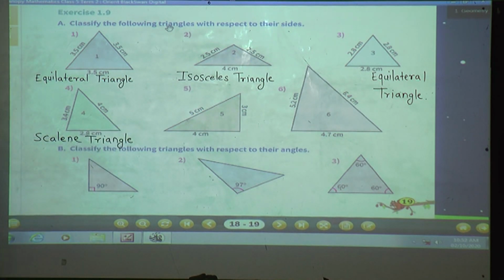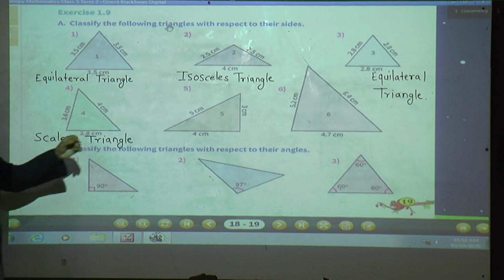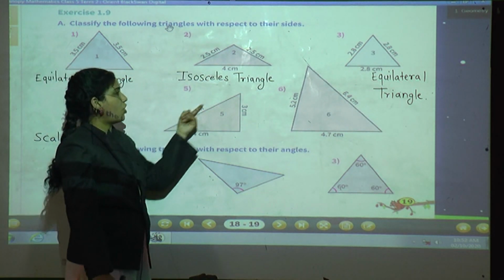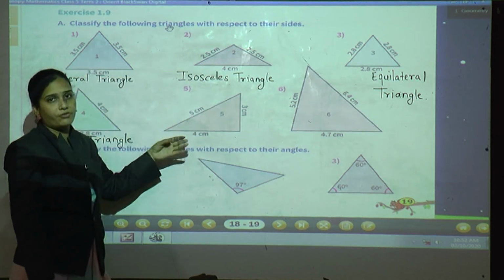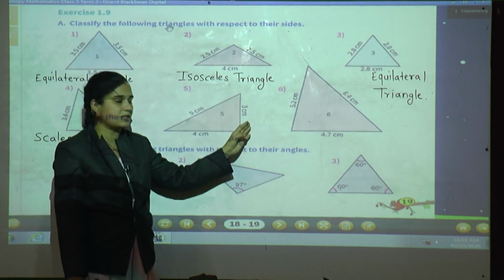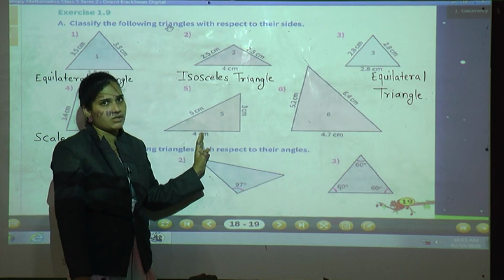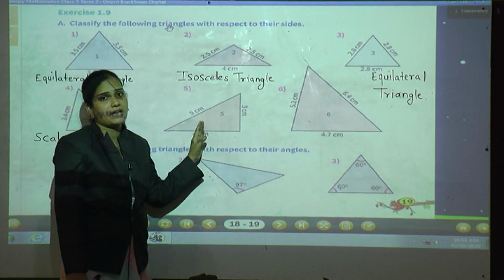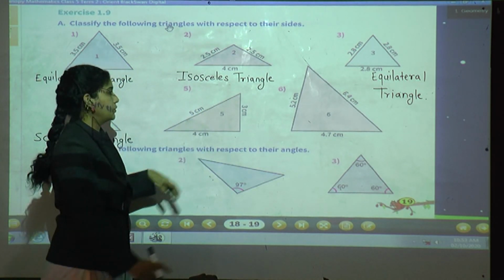Now fifth one. Yes students, what can you say? Here also all three sides are different. This one is 5 centimeter, this 3 centimeter and this one is 4 centimeter. So which type of triangle is this one? Very good.